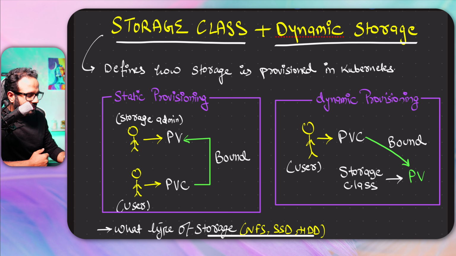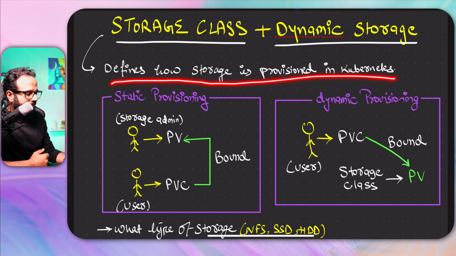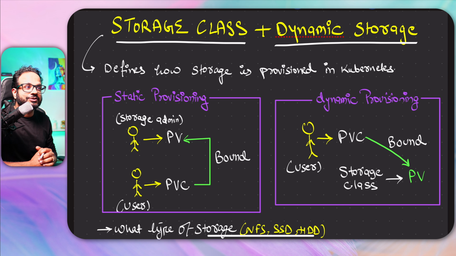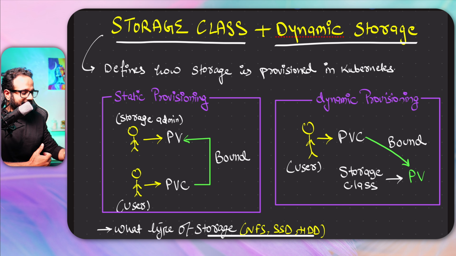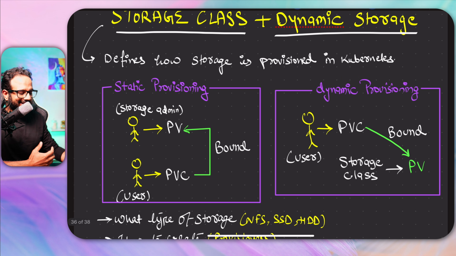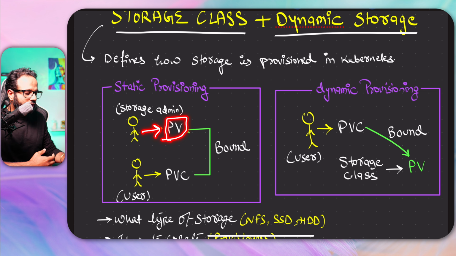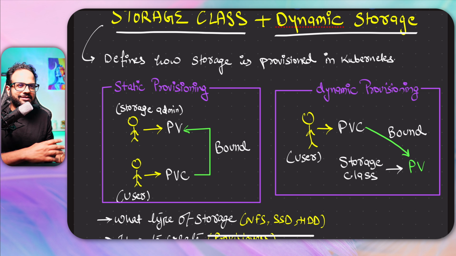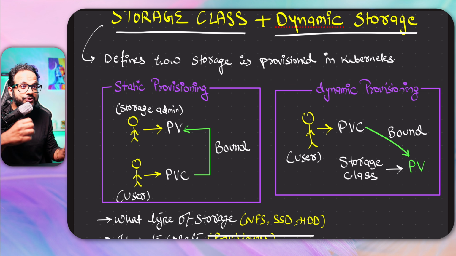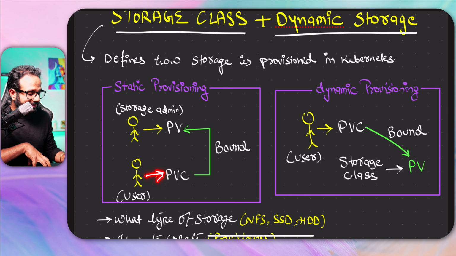So a storage class defines how storage is provisioned in Kubernetes, right? When you create storage, it has to be either statically provisioned or dynamically provisioned. So what exactly is static provisioning? For example, your storage admin creates a persistent volume, and a user, an application developer, Kubernetes administrator, operator, DevOps engineer, any persona who's a user of the application, can create a persistent volume claim.